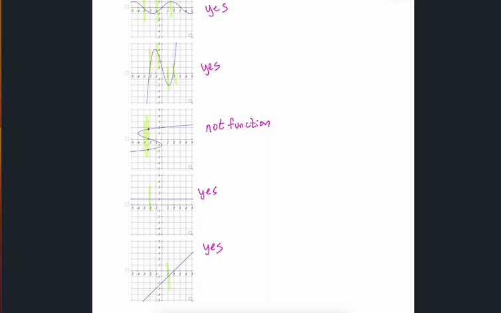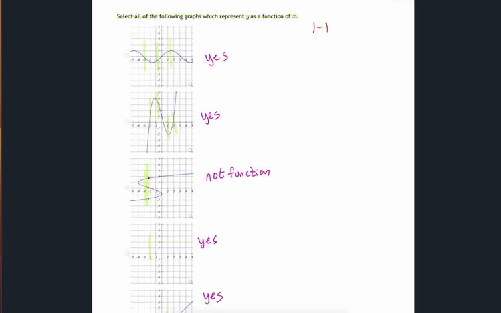The next thing that I want to talk about is one-to-one. A one-to-one function has to pass the vertical and horizontal line test. Okay, so the ones that are not functions we disregard.